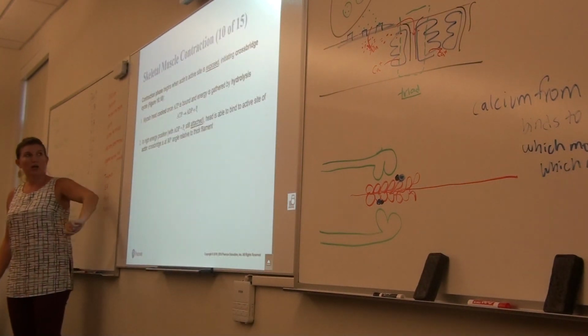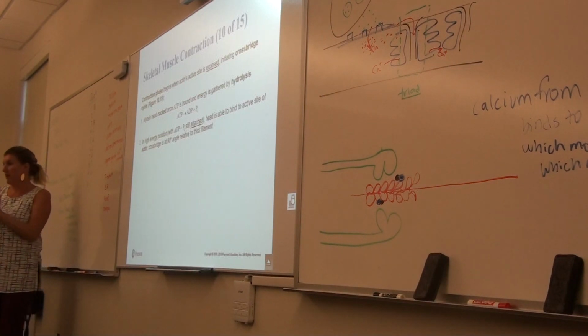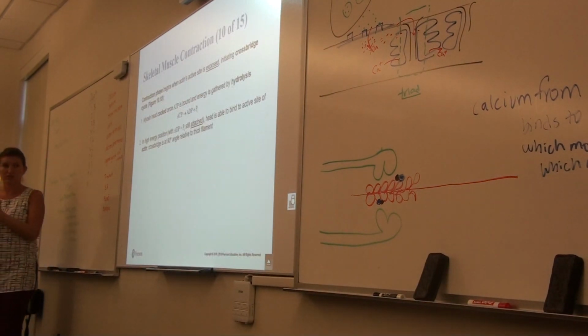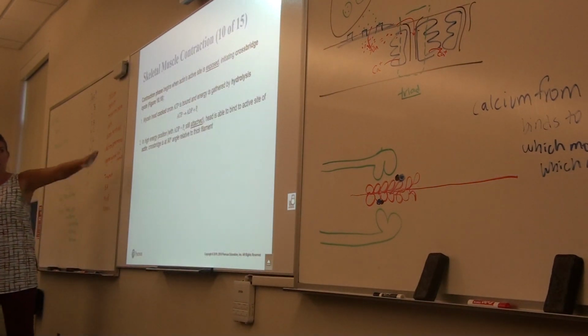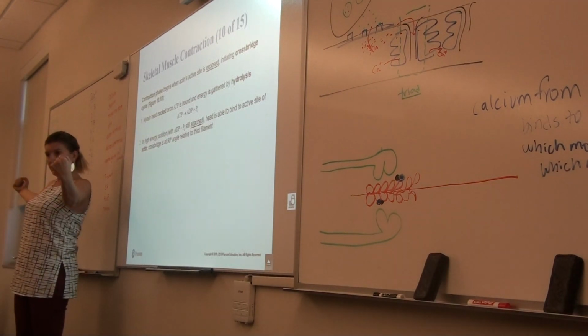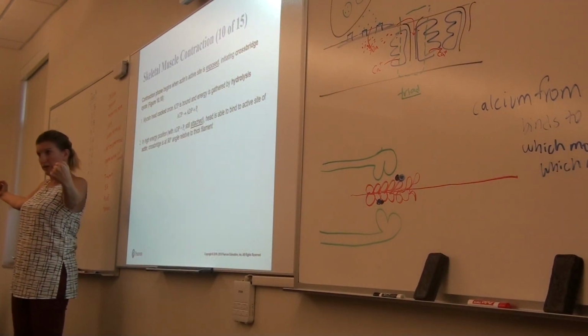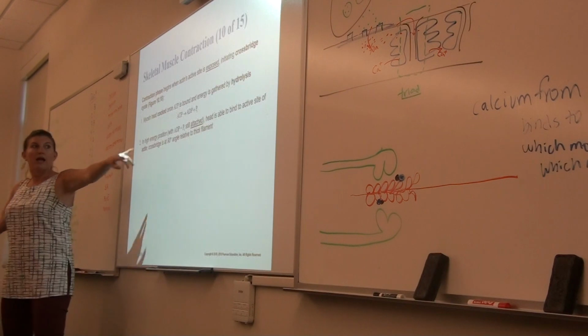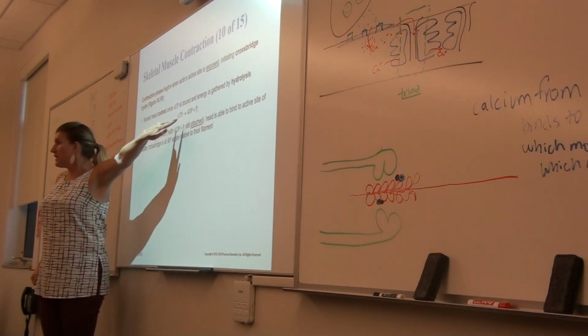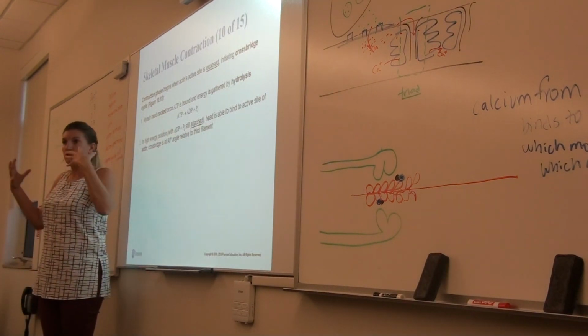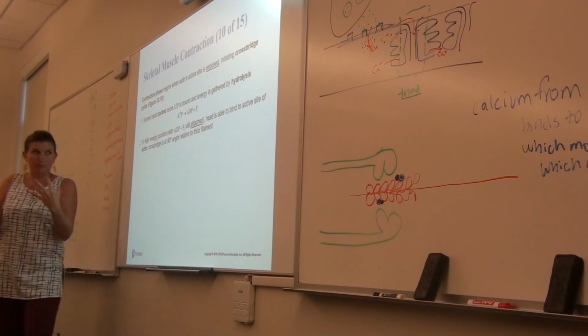All right, so the contraction phase begins with that actin site being exposed. The myosin head is cocked and ready. He's ready to go. He doesn't need tequila, right? And this ATP is actually bound to it. It's actually ready with ATP energy.